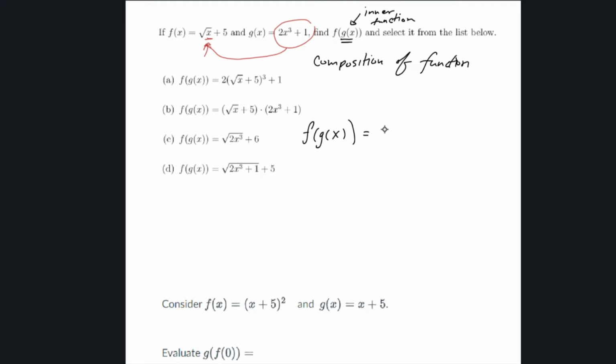It says square root whatever the input is. So now my input is all g of x. So square root of 2x cubed plus 1. And then what does f of x do? It says then add 5 to it. So separately, because this is our whole input, we then add 5 outside of the square root. Looking at our answer choices, we see D correctly represents that.